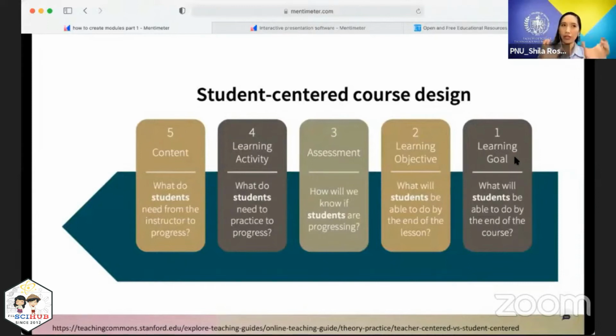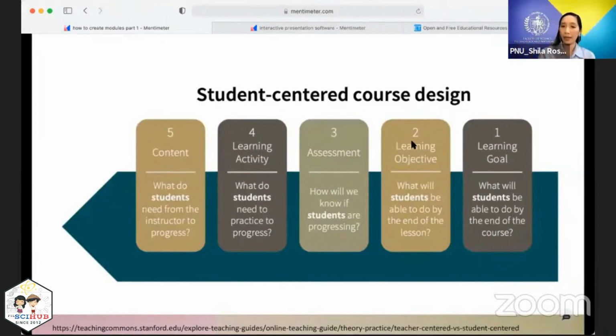Although the verb that I am using is only describe, telling my students about Earth's place in the universe would need me to tackle the universe, the solar system, and the characteristics of Earth. So, it's not just a simple telling of siya yung third planet in the solar system. So, if that is my learning goal, it's not as easy as 1, 2, 3. So, you do not easily measure your learning goal.